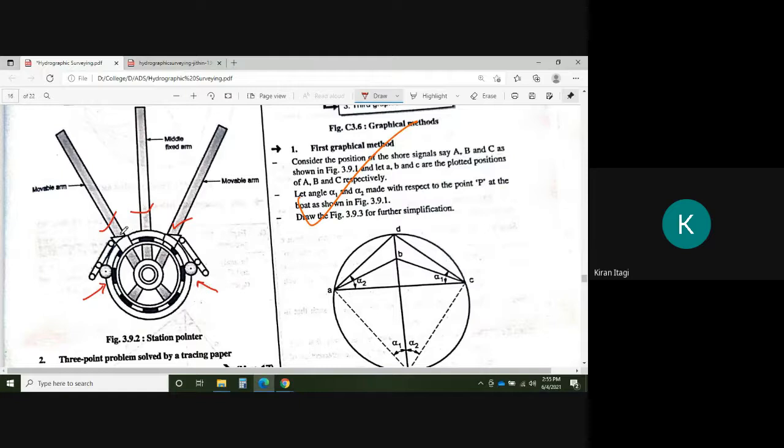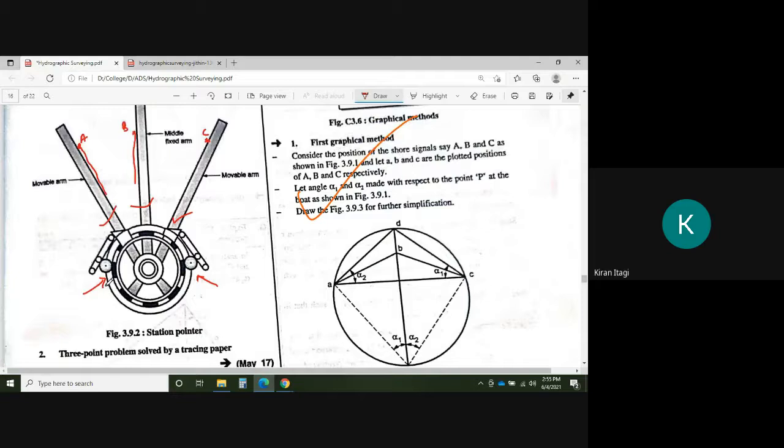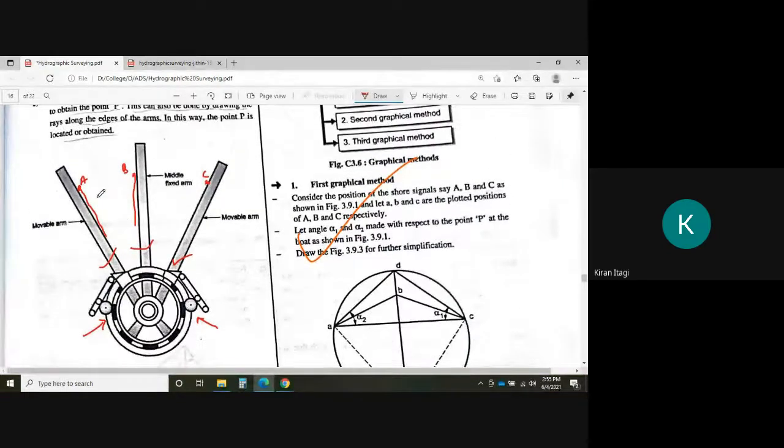Now you should move the instrument on the paper, with the arms parallel to the lines, or touching A, B, C. You should move your instrument a little right side, left side, upward or downward, until these three edges touch the three stations. Once they touch, here you can see this will be your P point.